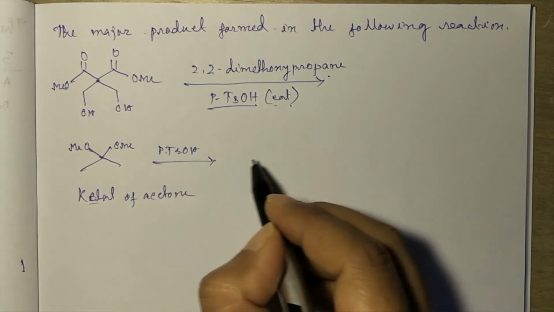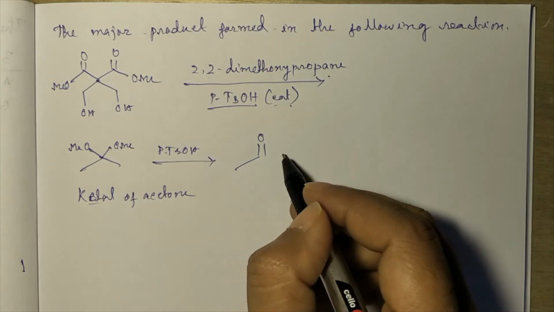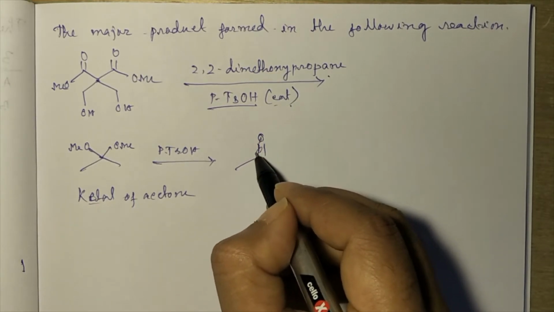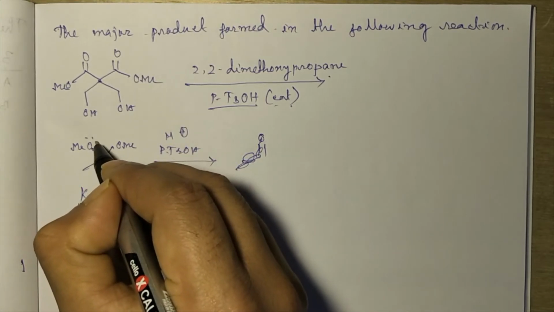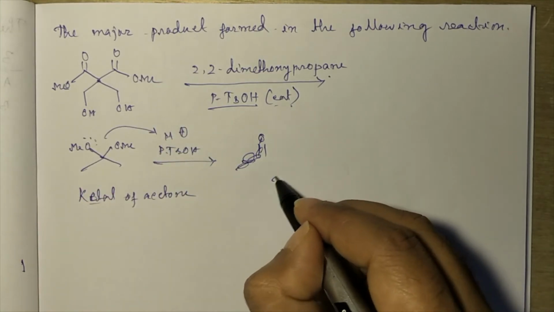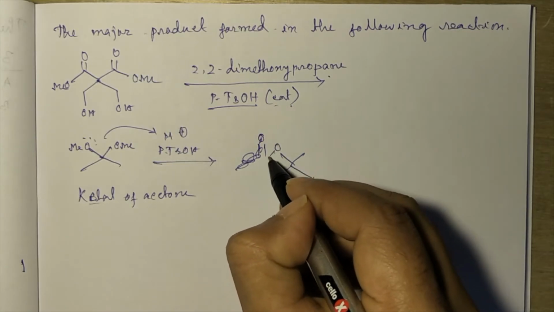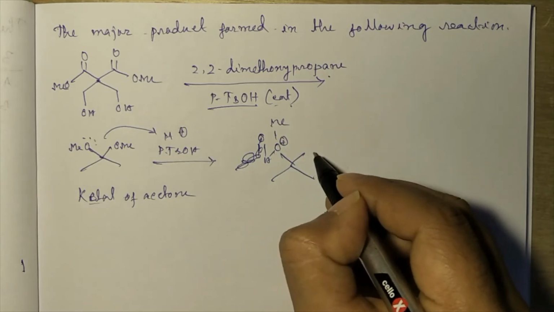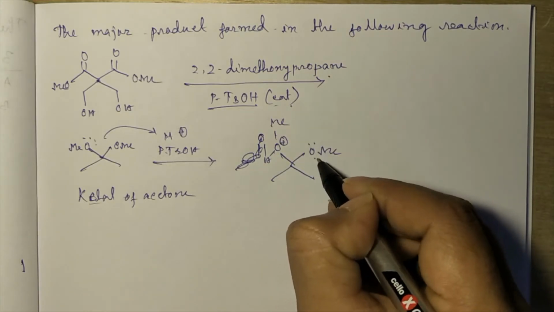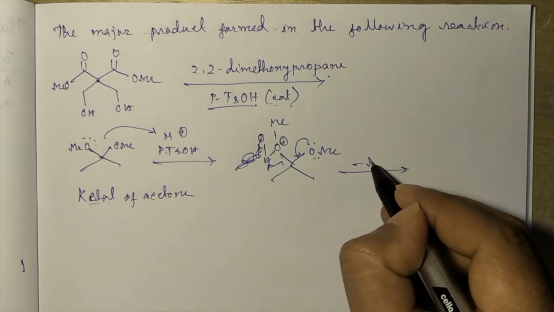So in presence of acid, it will be converted to... I'll draw the mechanism. In presence of acid, it will be protonated. So OH, Me plus, OMe minus, MeOH.